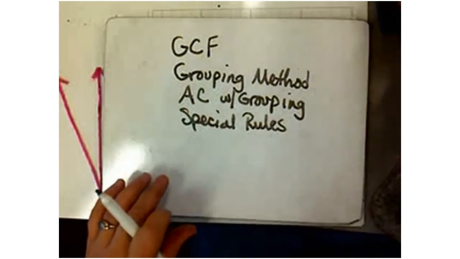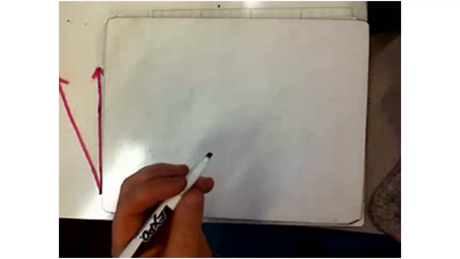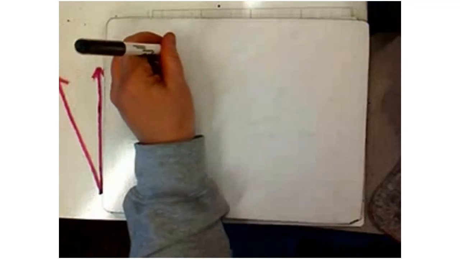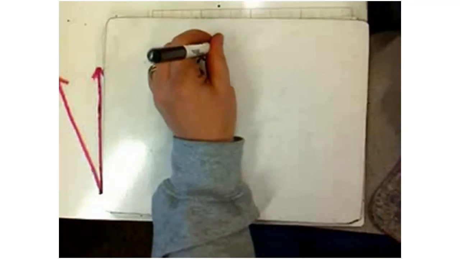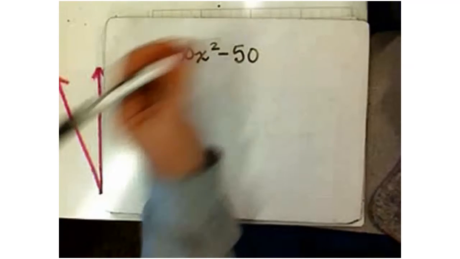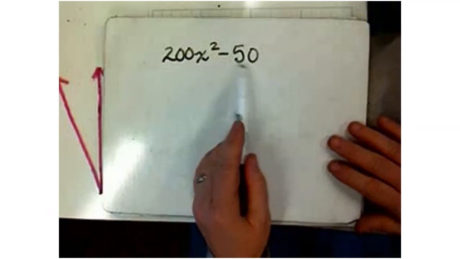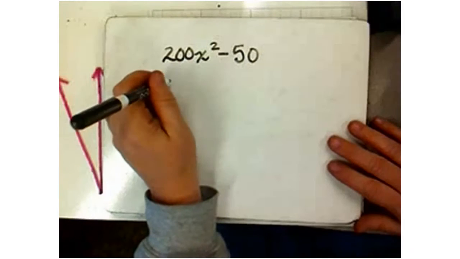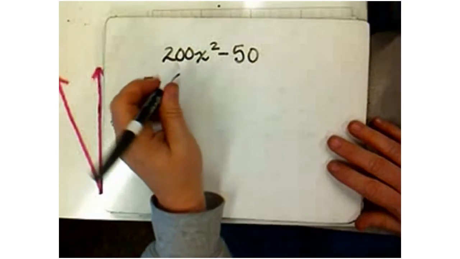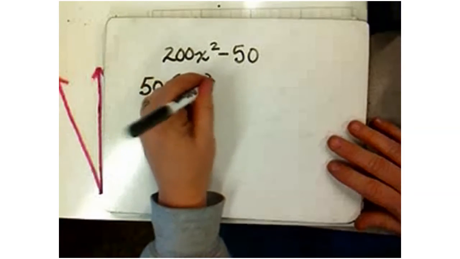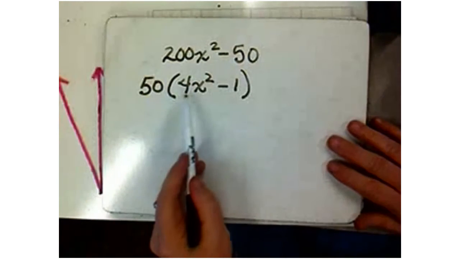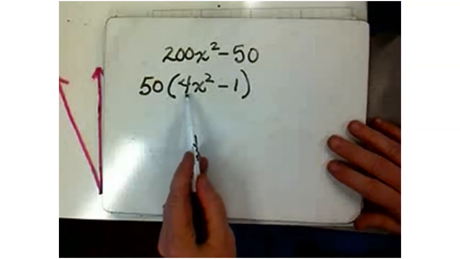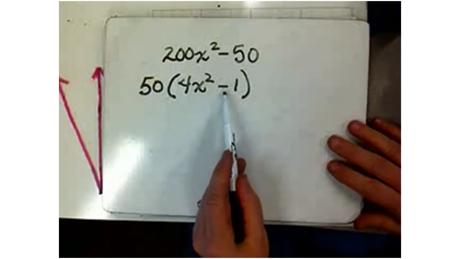And we can do a basic example. How about 200x to the second power minus 50. Well, notice they both could share a 50, so that's our GCF. We're going to pull out 50, our greatest common factor. So we have 50 open paren, and what do we have left? 4x to the second minus 1. Then notice 4 is a perfect square, 1's a perfect square, and it's a difference, right?